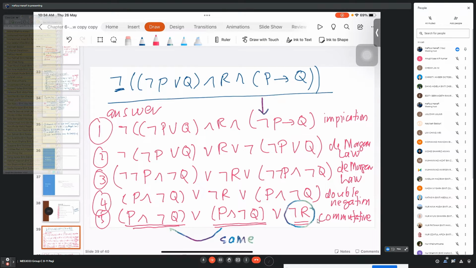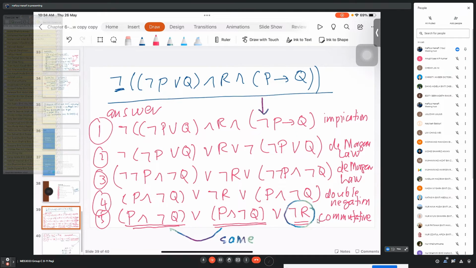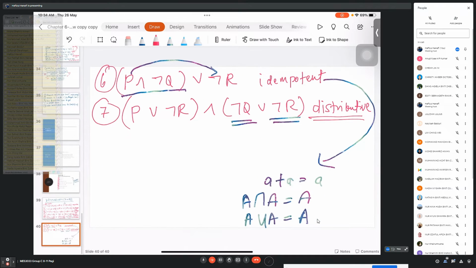Okay, we put the double negation, step three, NNF negation normal form, and then we have double negation. Okay, and then after that we have a commutative law, related to distributive law. Okay, we combine the same. P and negate Q is same. Okay, and then after that we have P and negate Q or negate R is idempotent.